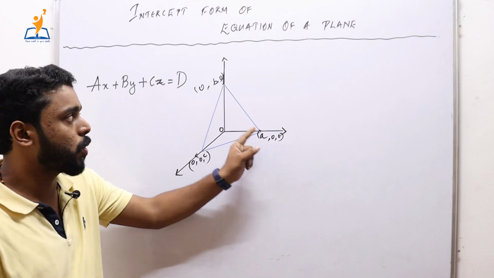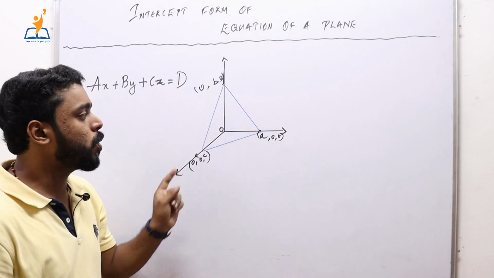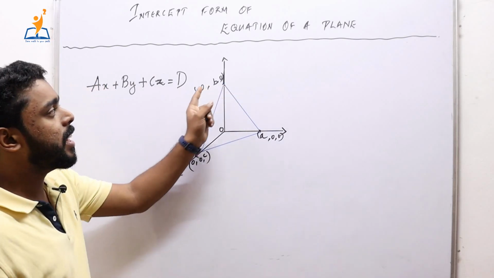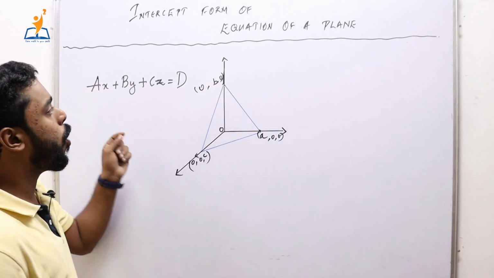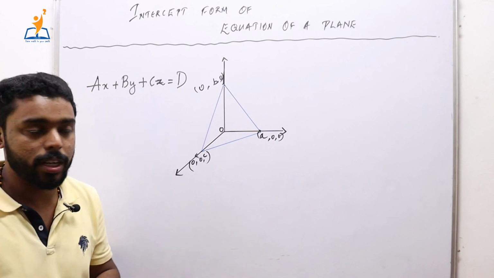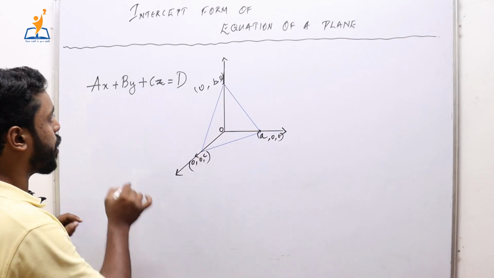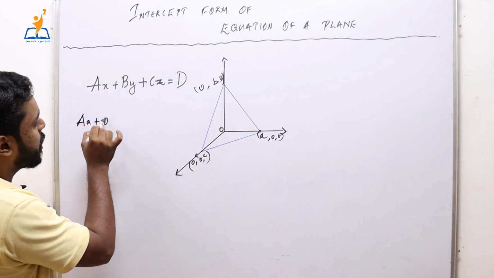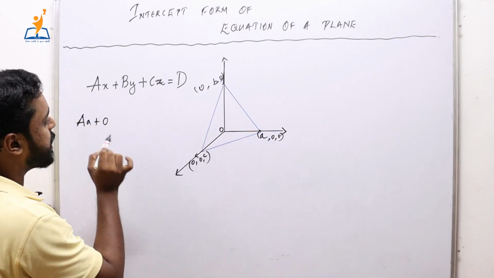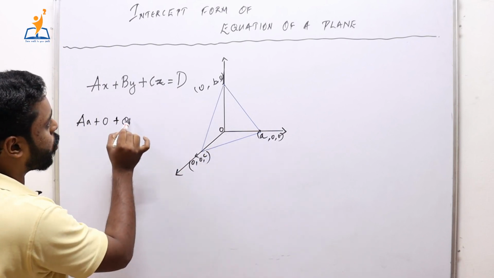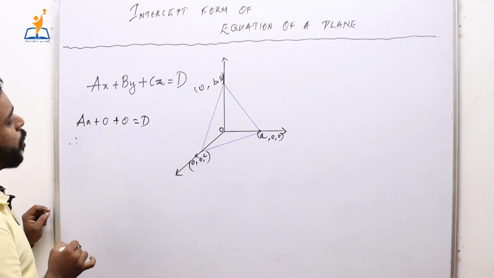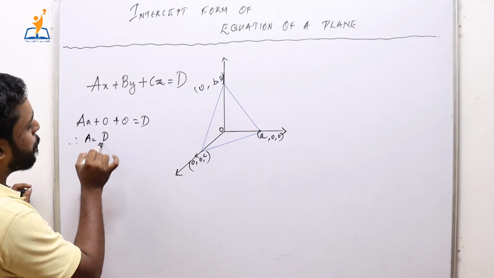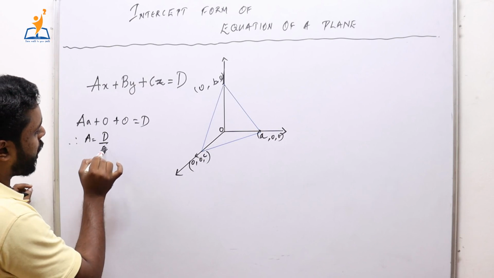Now since a, 0, 0, 0, b, 0 and 0, 0, c are points on the plane, each of the 3 points must satisfy this relation. We shall substitute the first point. Then the equation will become capital A into small a plus 0, capital B into the y coordinate which is 0, plus capital C into the z coordinate which is 0, is equal to capital D.